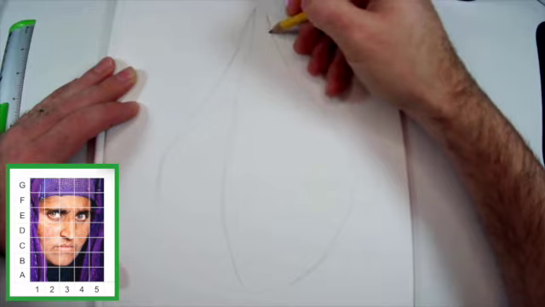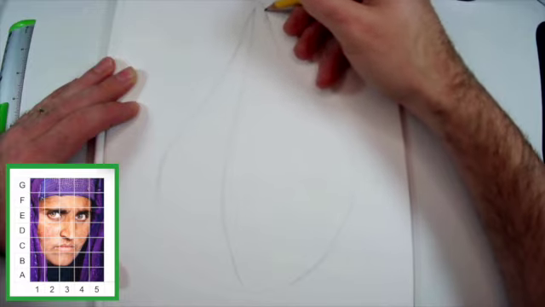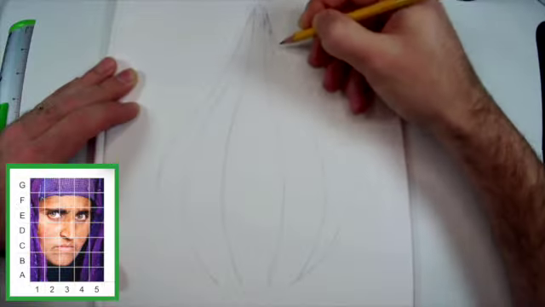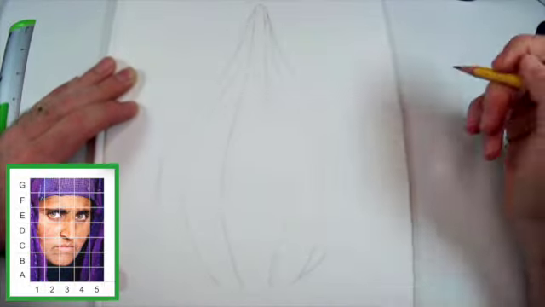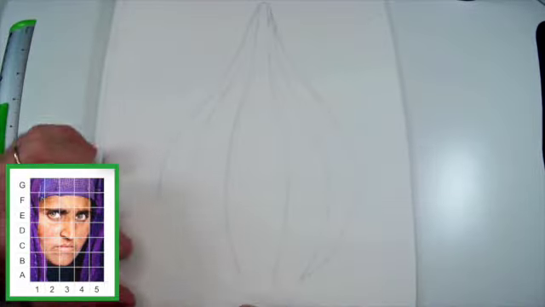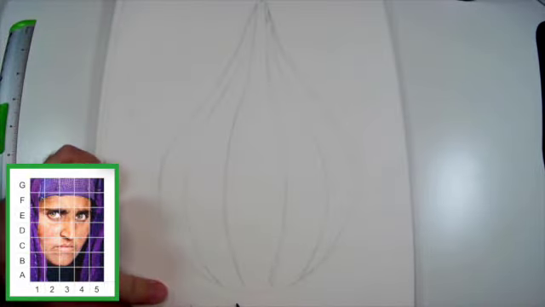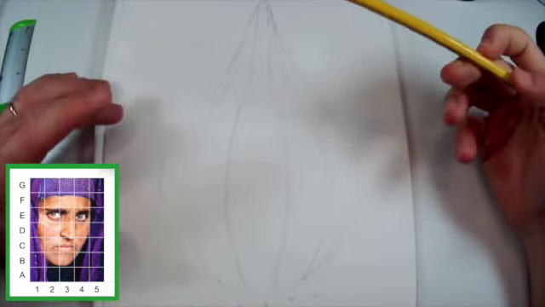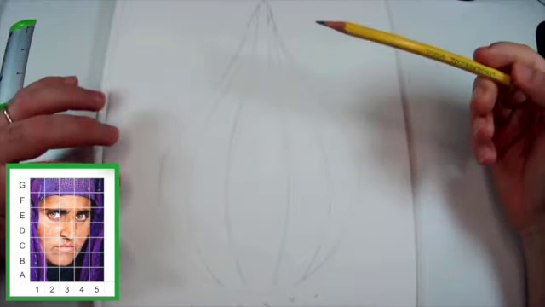I'm starting from the middle and kind of working my way out. All right, so through this process, I've got my 5 vertical sections. I've got my area 1, 2, 3, 4, and 5 that are going to correspond with the grid that I had previously created.